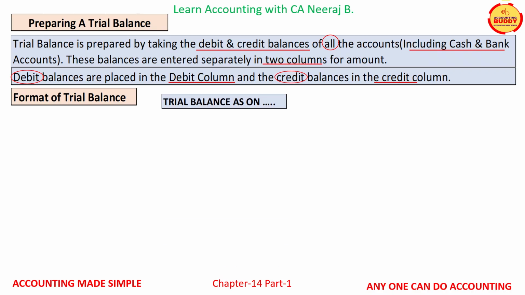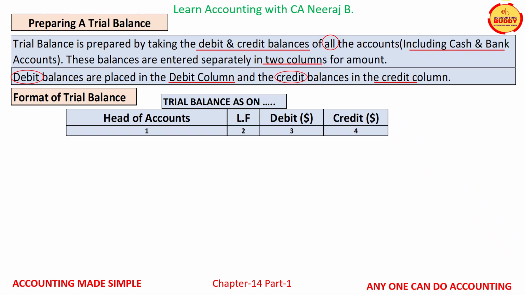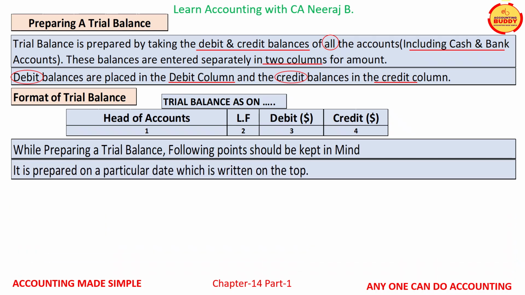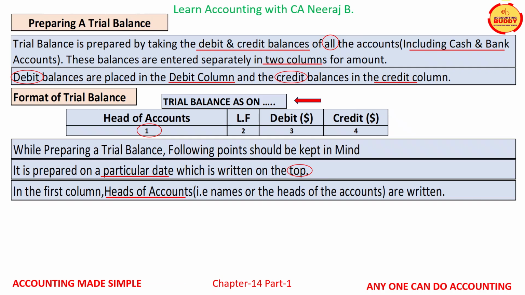Trial balance has got four columns as displayed on your screens. While preparing a trial balance, following points should be kept in mind. It is prepared on a particular date which is written on the top. Column number 1, heads of accounts, that means the name or the heads of the accounts are written in this column.